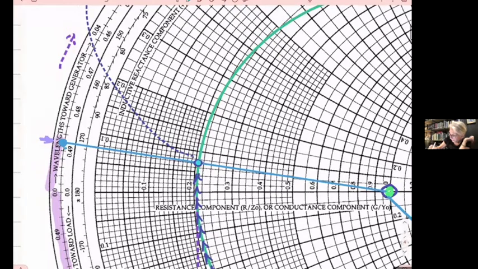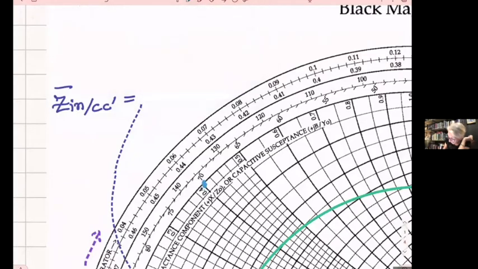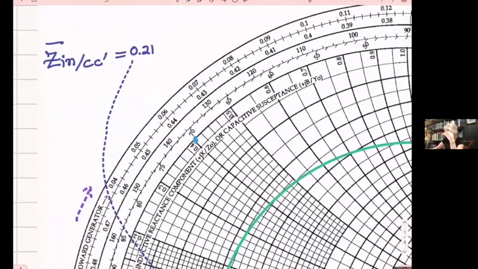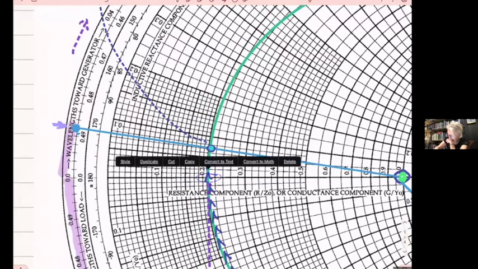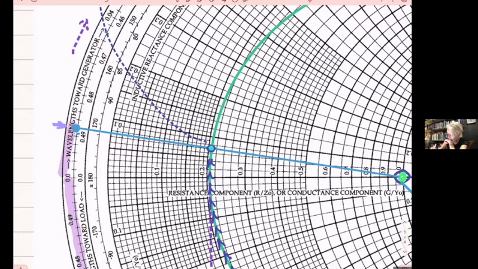All right, so the real part is 0.21. What is the imaginary part? For everybody else, we read the real part, just to remind you, from here. You see that? From here. From there. That's where we read it.